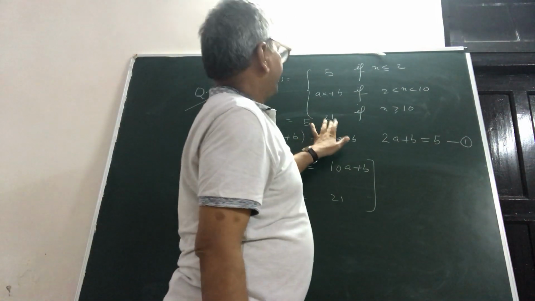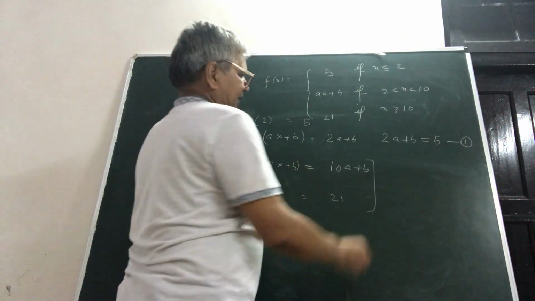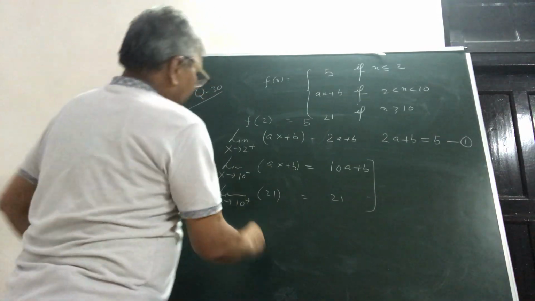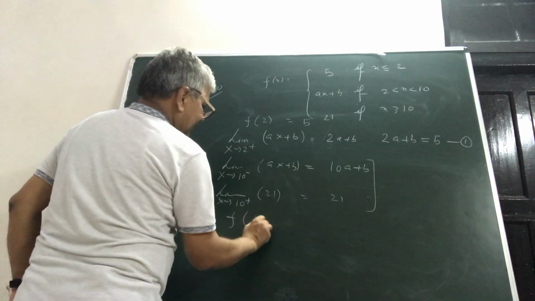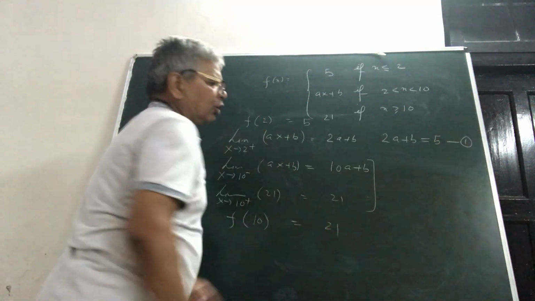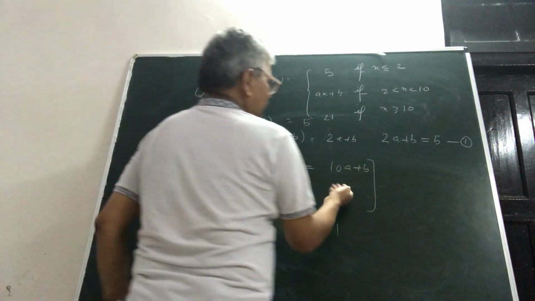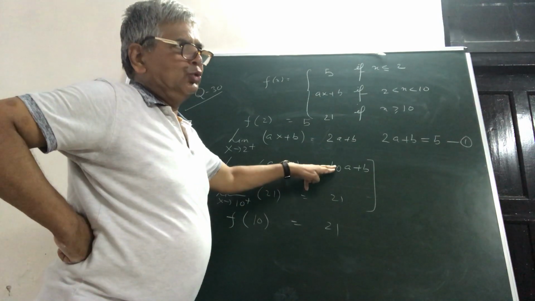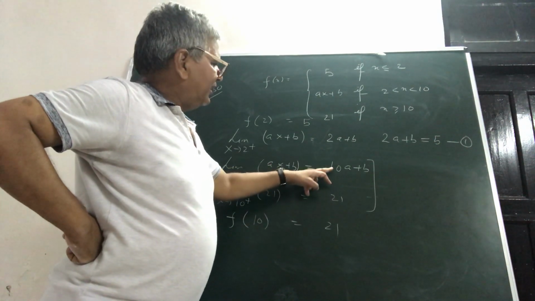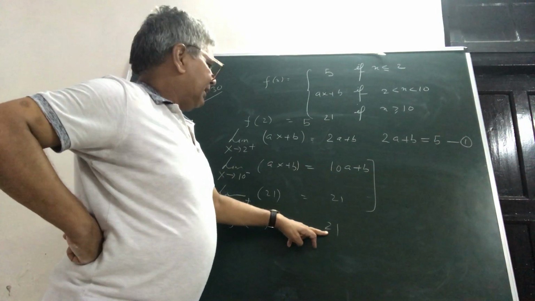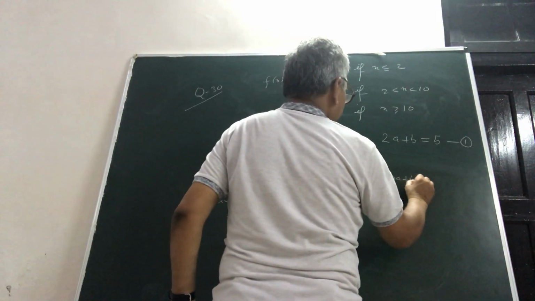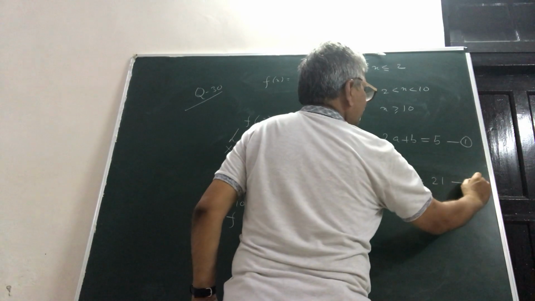The functional value at 10 is also 21, so you are not going to get a new thing. Whatever you obtain by putting left hand limit equal to right hand limit, the same thing you obtain by putting left hand limit equal to the functional value. So in a way, 10a plus b is equal to 21. This will be your equation 2.